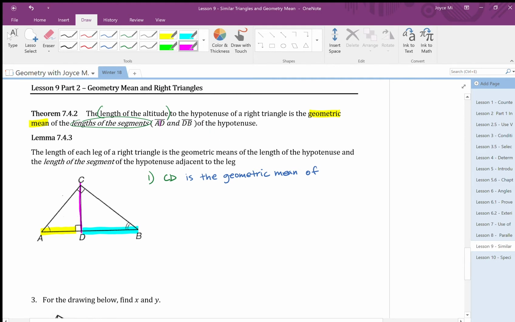So let's write it. Okay, so CD is the geometric mean of AD and DB.